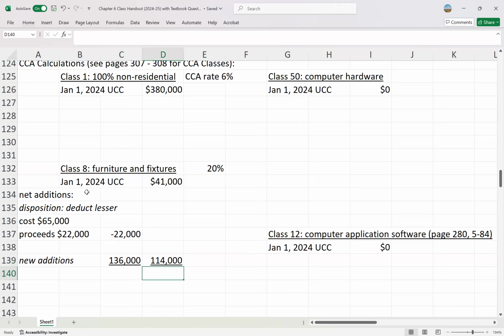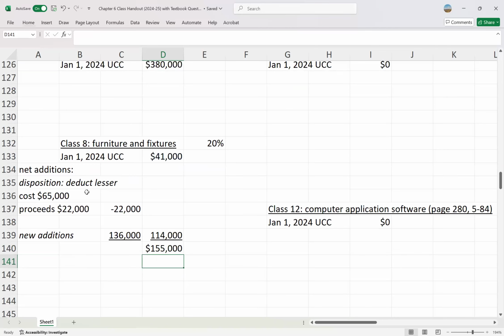We add that to the starting amount, and we get a base amount of 155,000. That's what we use to calculate the CCA on. So the CCA that we will be able to deduct will be 155,000 times 20%. And so that's going to be a CCA deduction of 31,000.